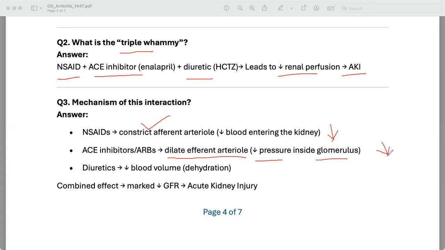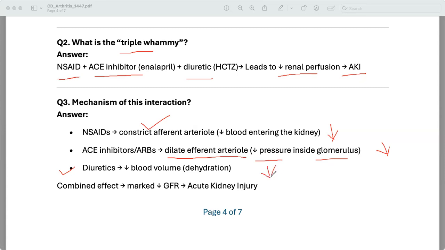Third drug, diuretics. In this case, patient takes hydrochlorothiazide that decreases the blood volume, dehydration, decreases the urine output.